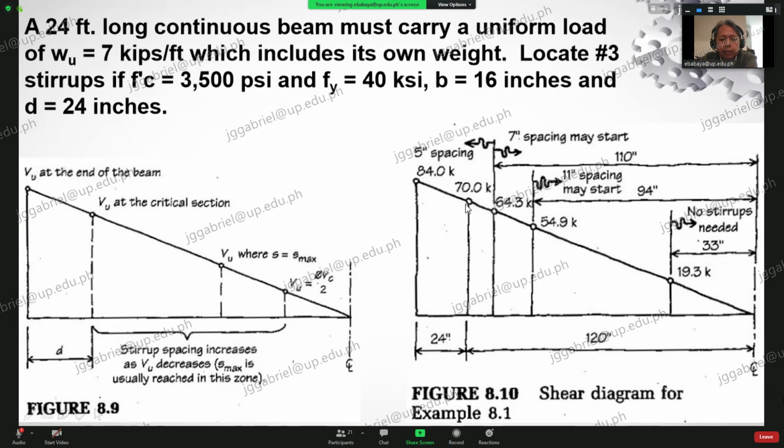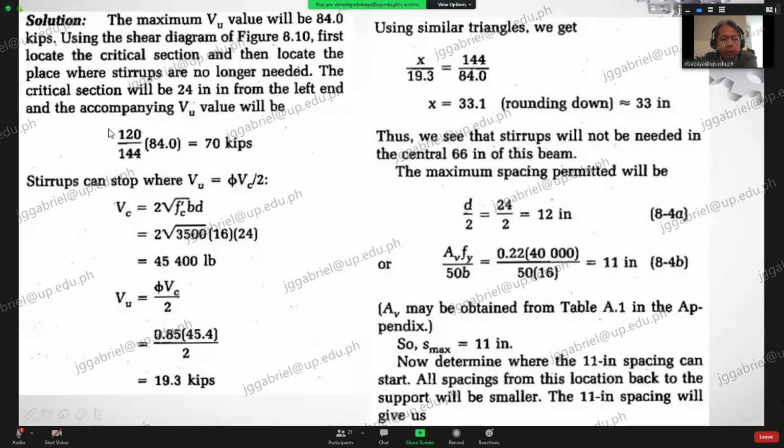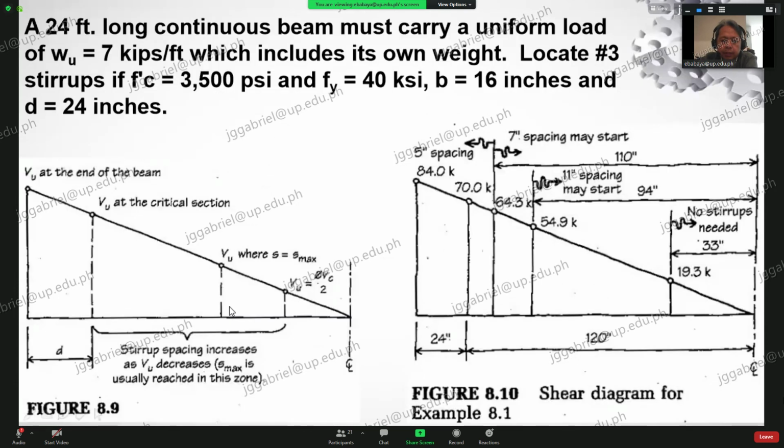By ratio and proportion, we get the 70 kips. So from 84 kips, we get 70 kips. Okay, class, let me ask, it is clear how we got this 84 kips? This is from the shear diagram.